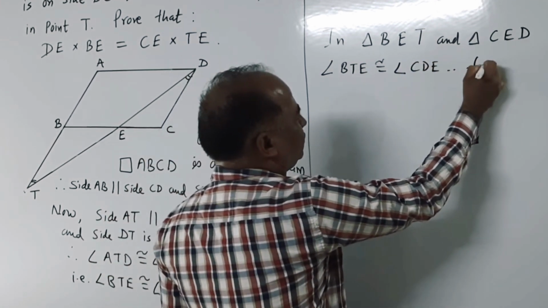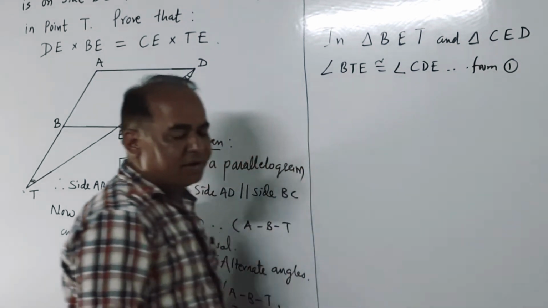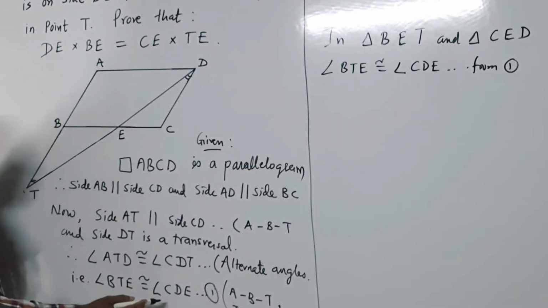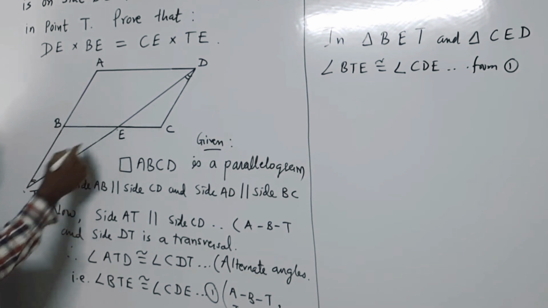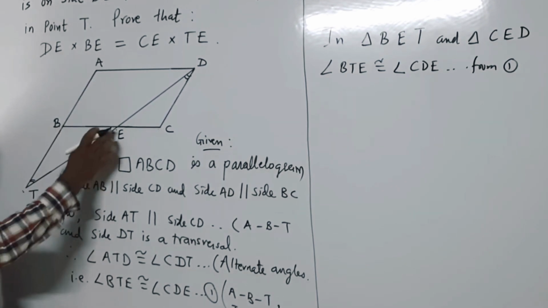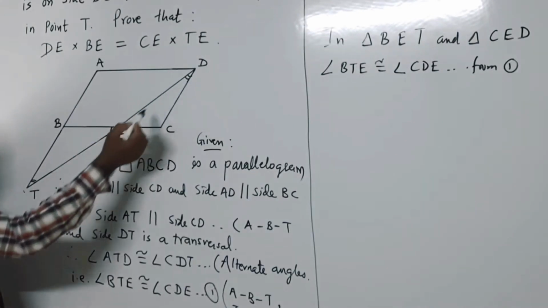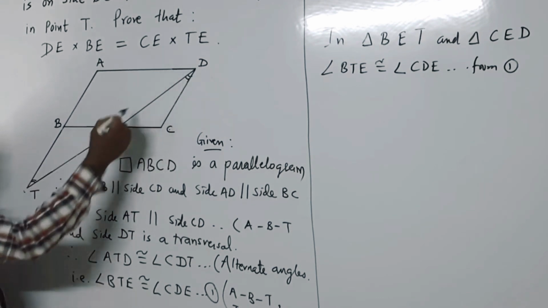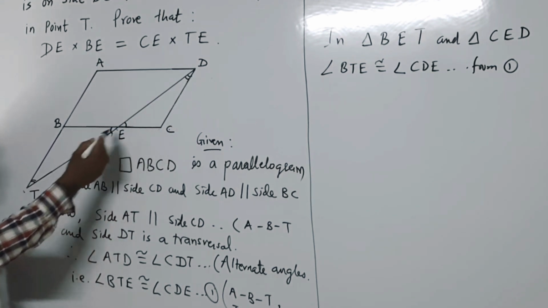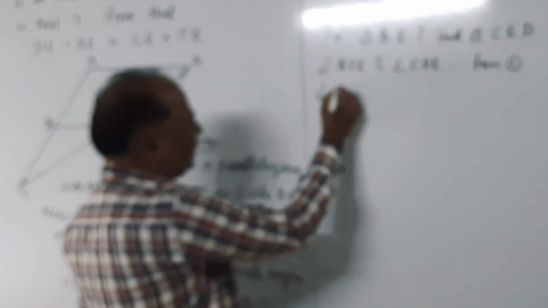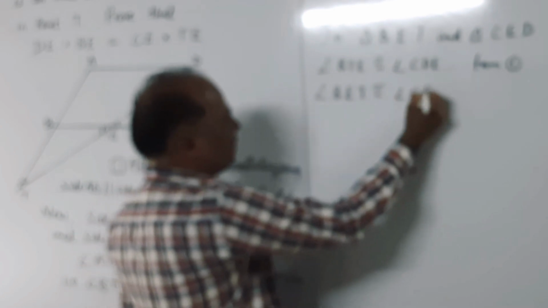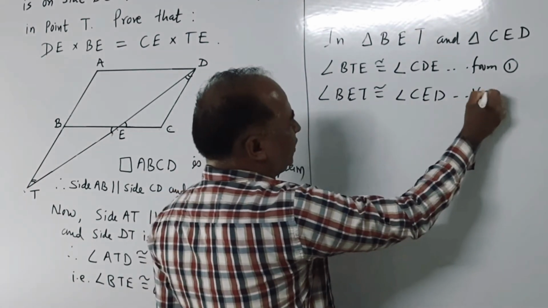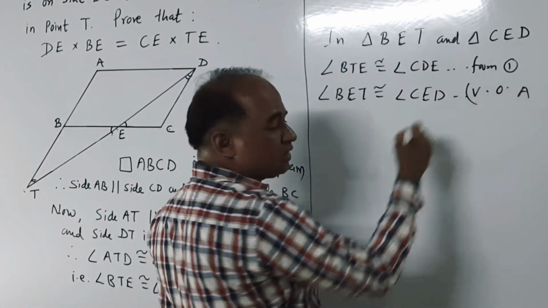That is from statement 1, alternate angles. Now in these triangles, angle BET is congruent to angle CED. These are vertically opposite angles. That is, vertically opposite angles are congruent.